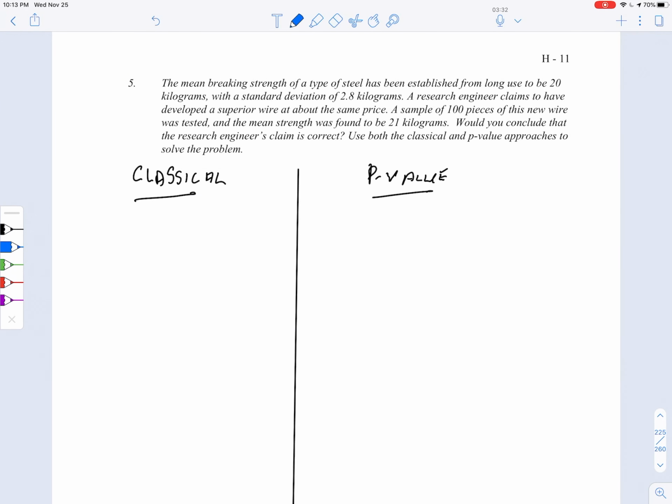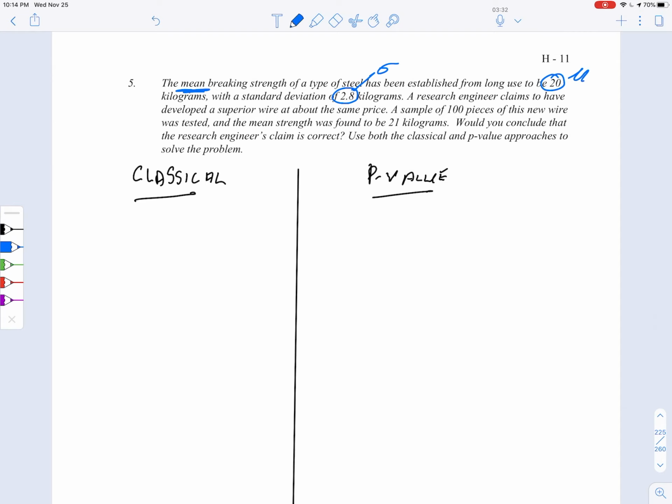All right, let's take a look at what we've got here. Let's look at the problem first. The mean breaking strength of a type of steel has been established from long use to be 20 kilograms, with a standard deviation, and that's, by the way, a mu value, and a standard deviation of 2.8.